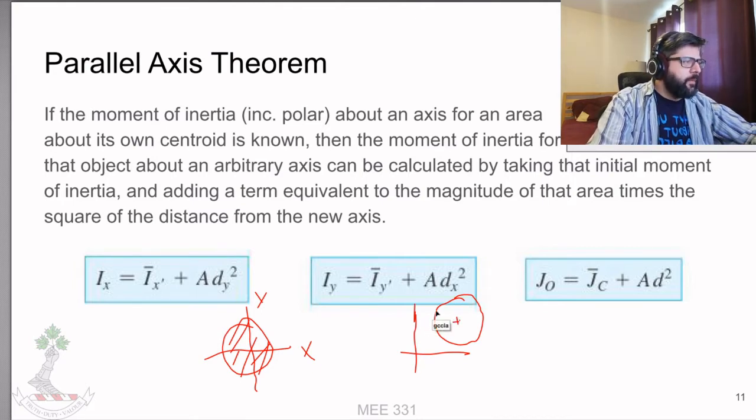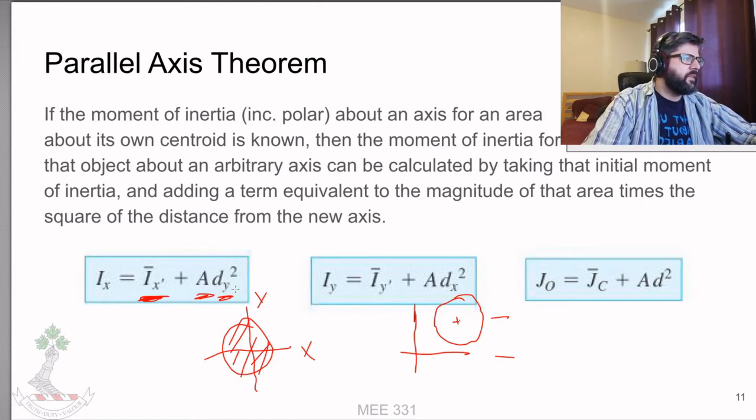Essentially, the way it works out is that you basically just take the initial Ix that you solved for, and then you add to it the total area times the shift in y, so in this instance, times the shift in y squared.